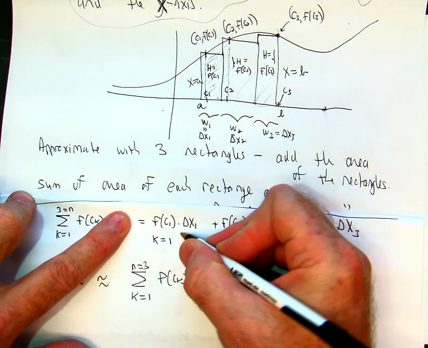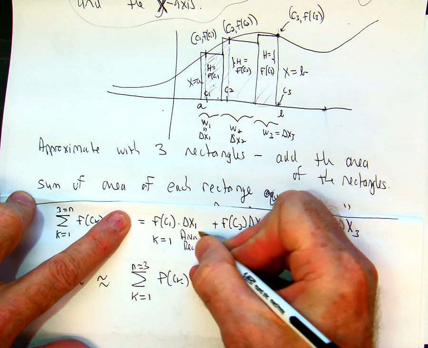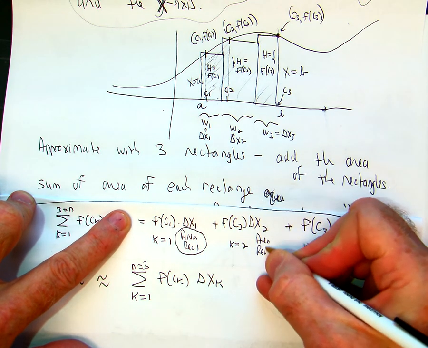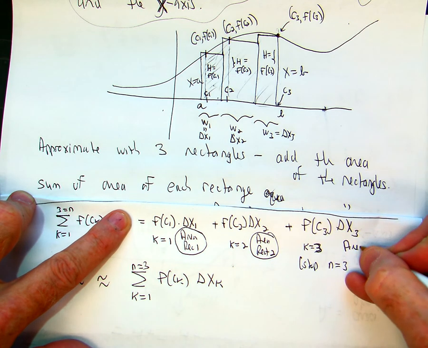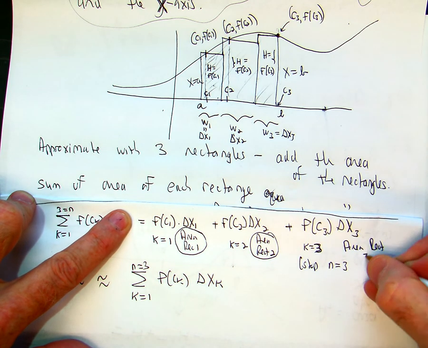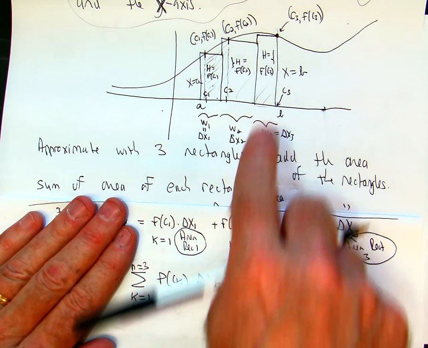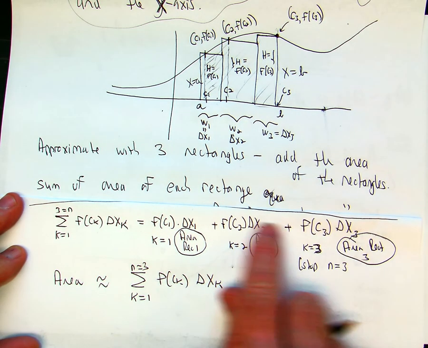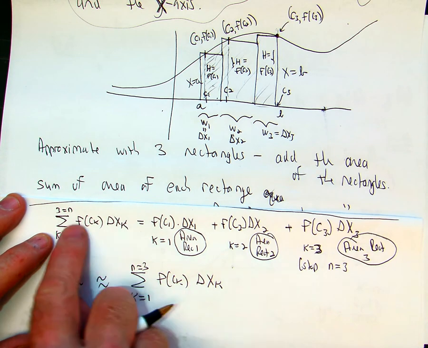This is the area of rectangle 1, this is the area of rectangle 2, and this is the area of rectangle 3. So the area in the rectangles can be represented by the summation.